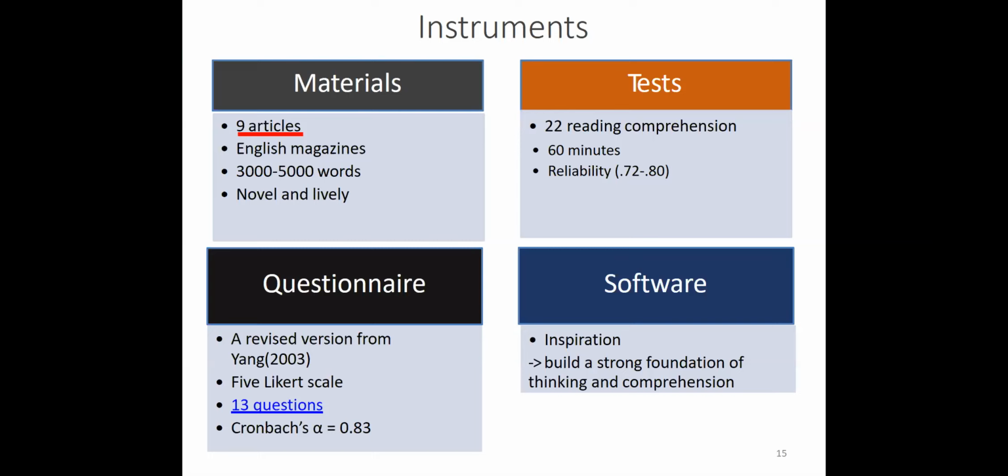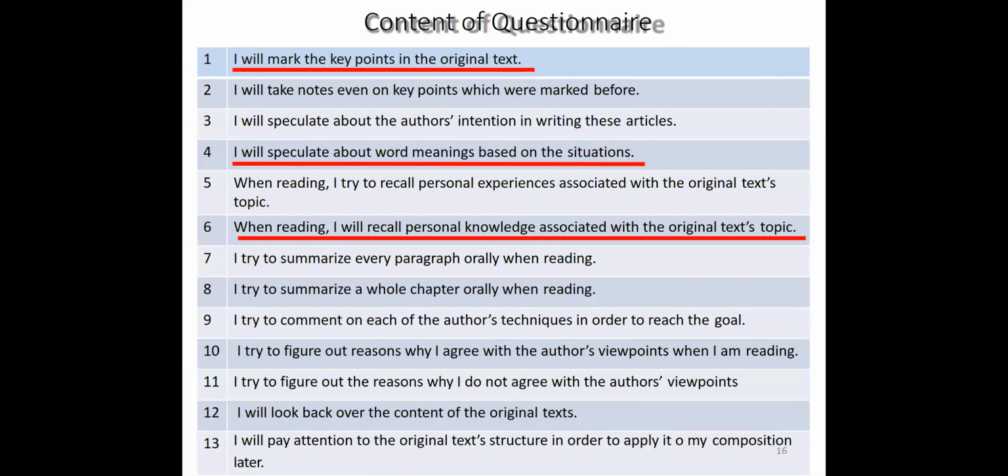The software used for the concept mapping here is the Inspiration software. This software helps build strong foundations of thinking and comprehension. Here are the questions in the questionnaire according to Young's questionnaire, in a form numbered 1 to 13.